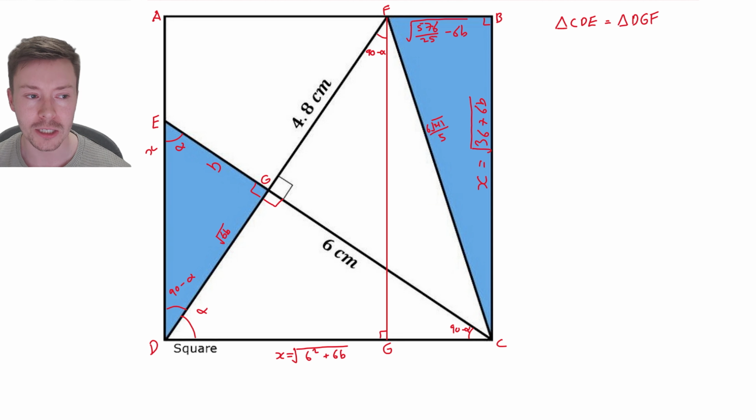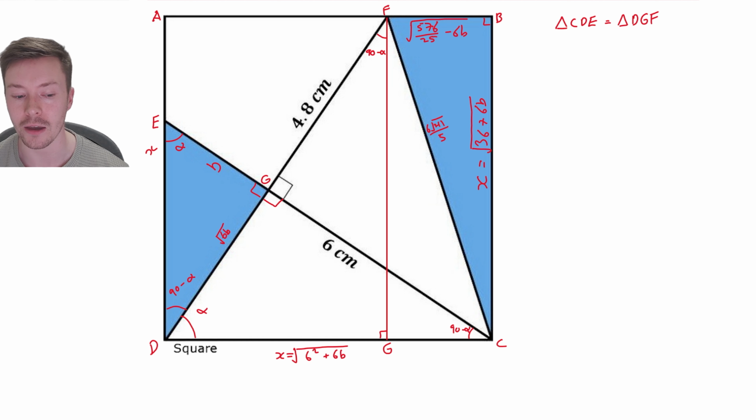And then the next bit is a really key bit with this vertical line from F to G. And that is the fact that I have got equal triangles. Triangle CDE is equal to triangle DGF. Now that's because they're similar triangles anyway, because the angles are all the same, but they're not only similar triangles, they've got a corresponding side that is equal.